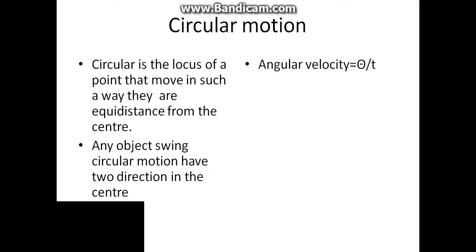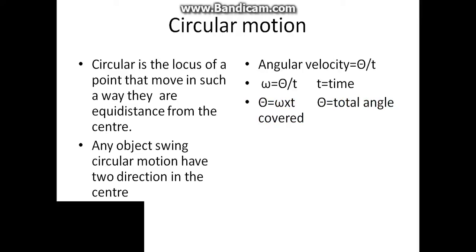Angular velocity phi is equal to theta over t, where t is time. Making theta the subject of the formula, we have phi times t, where theta is the total angle covered. Theta is in radians.